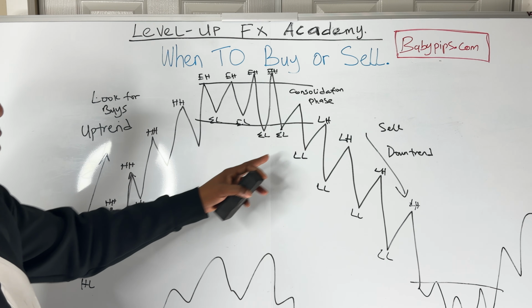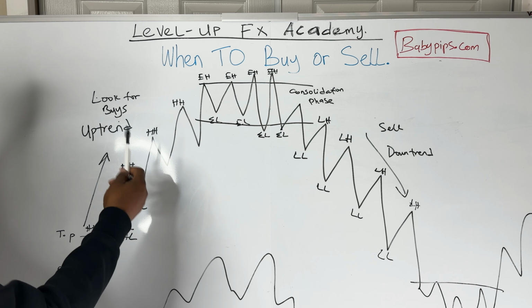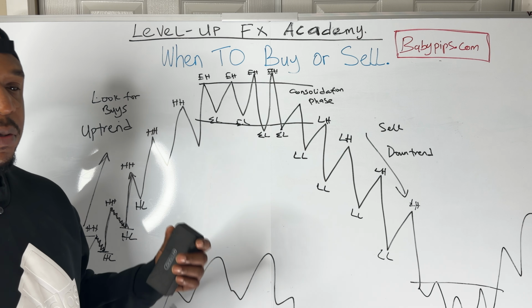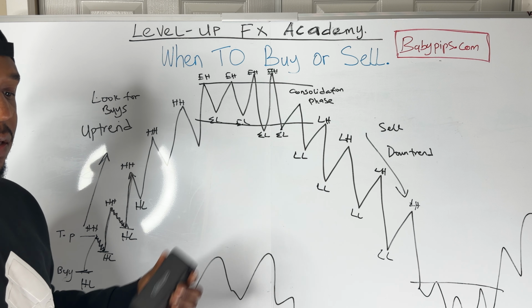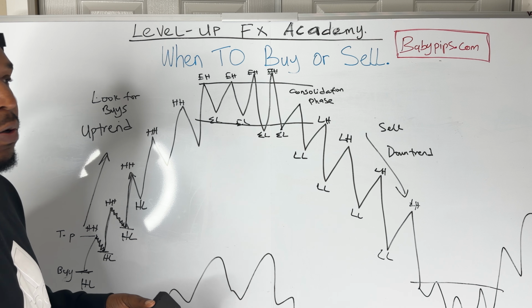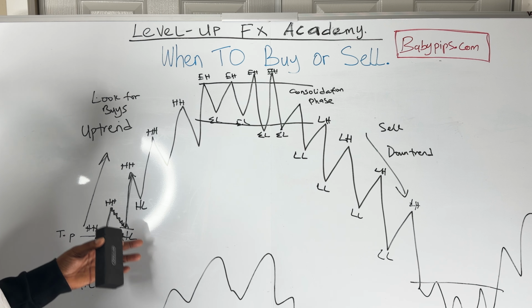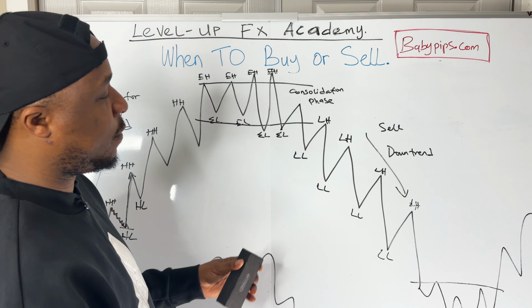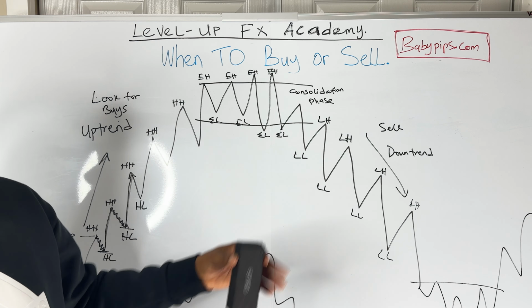But at these points here and here, you can set your buy because you know it's going up. You can just leave it. It depends on your trading concept, whether you are a day trader or a swing trader. So simply, that is how to find your buys and your sells. So that's when to buy or sell.